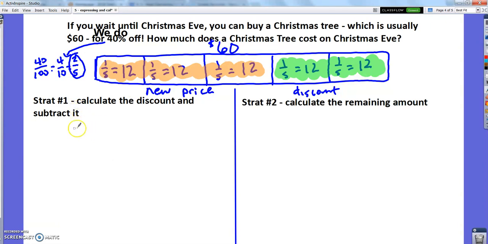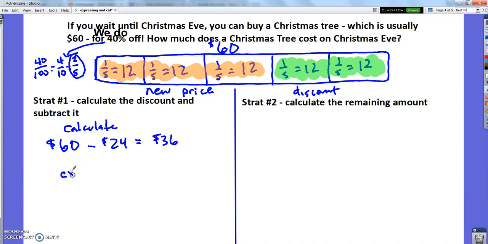So strategy number 1, calculate the discount and then subtract it. So when you're just calculating this, I take my $60 price and subtract the discounted amount. So I'm going to take away the $24, which means I'm going to pay $36. So that's strategy number 1. Calculate the discount and just take it off the price.